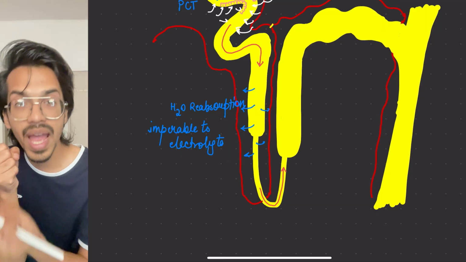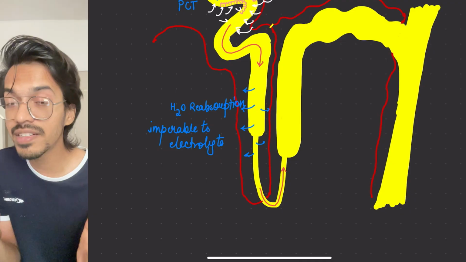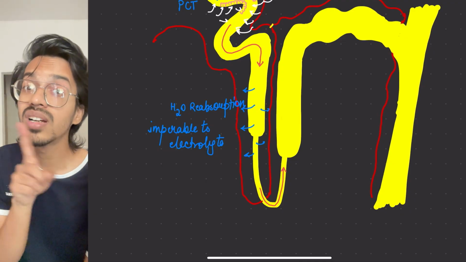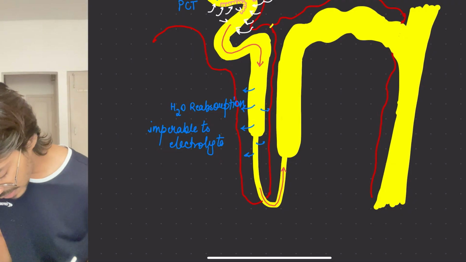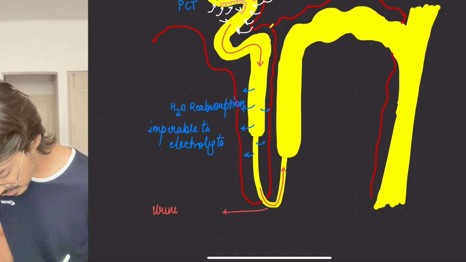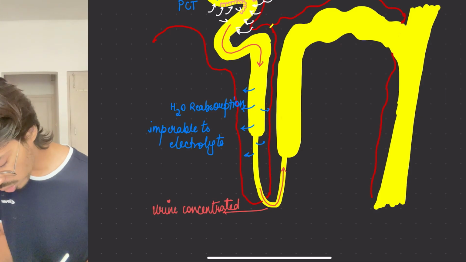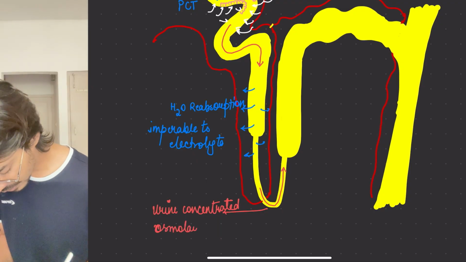If the urea, H positive, anything, these are solutes. So solute will be increasing, meaning the thing will become more concentrated. So by the time it reaches over here, the urine is concentrated, which means its osmolarity has increased.